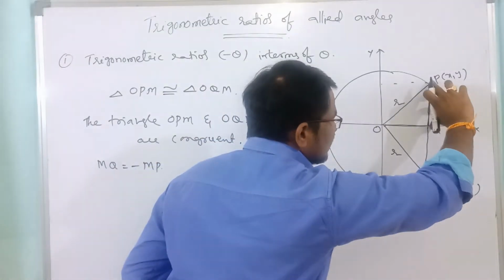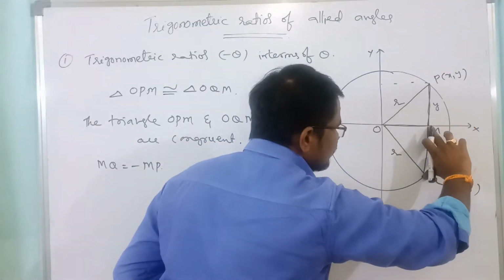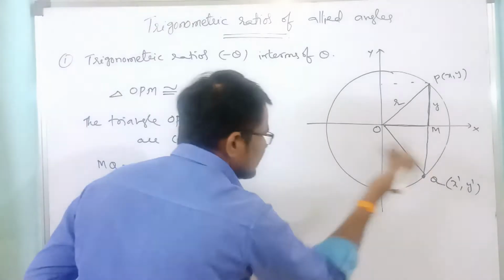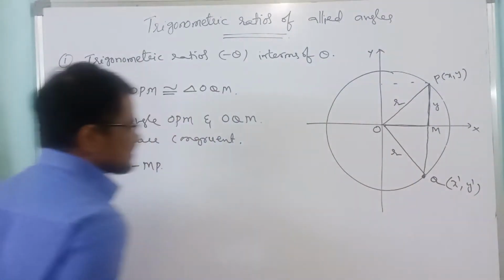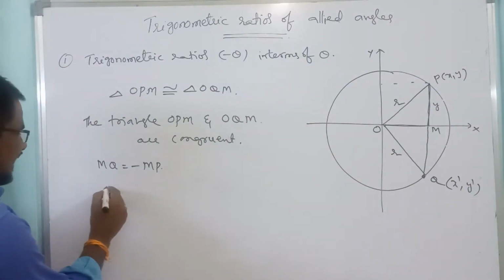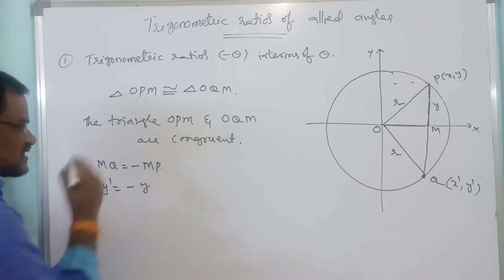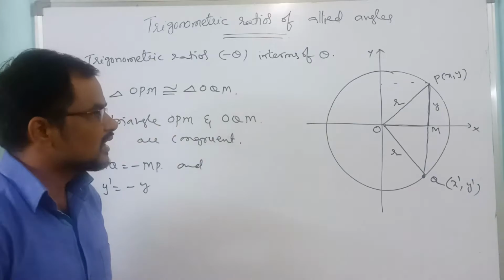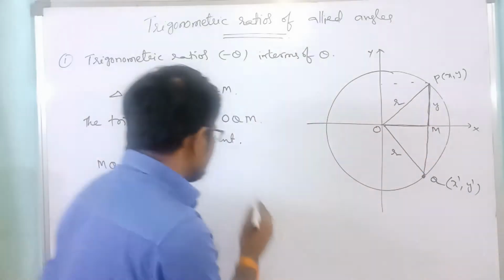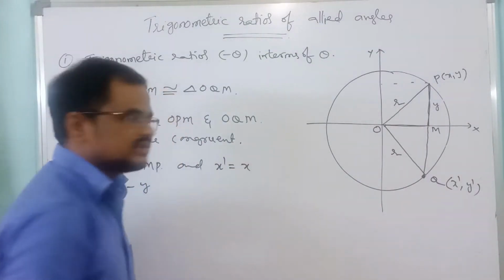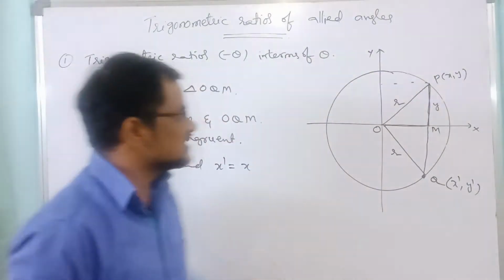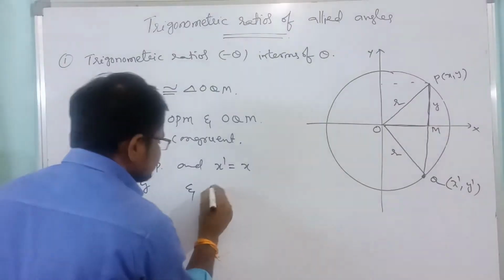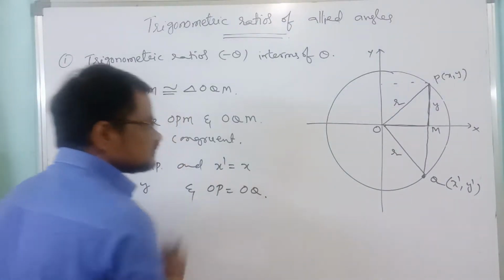Means PM distance and MQ distance are the same, but MQ equals minus PM because this is the negative side, in the fourth quadrant suppose. Means what can we write? y' equals minus y, right? And these two are the same, means x' equals x, and also OP equals OQ.